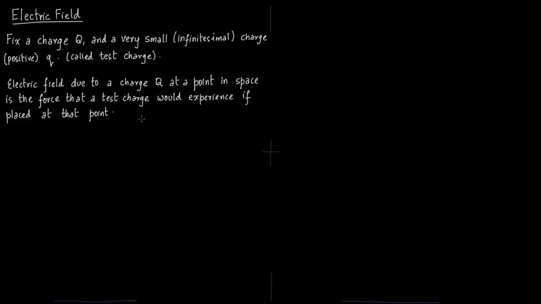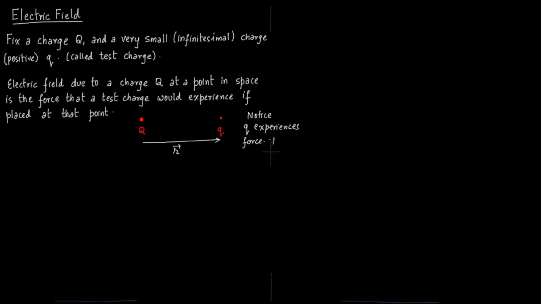So we have a charge capital Q and we have this test charge which you place at a certain point where you want to find the electric field. So the distance of the test charge from the charge capital Q is r vector, or the distance is just r.